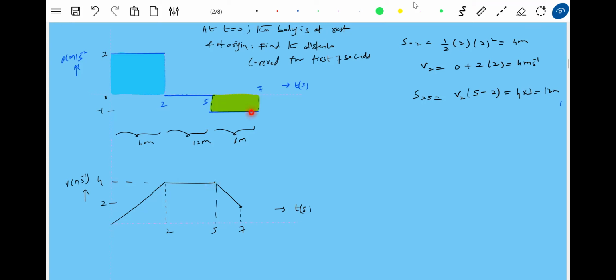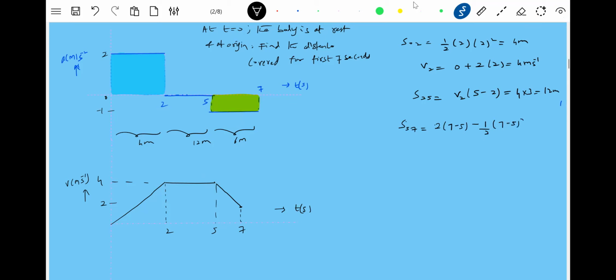Then it will encounter retardation. How much retardation? Minus 1. So the distance covered will be S57 is equal to 4 into time, which is 7 minus 5, minus half into retardation 1 into 7 minus 5 whole square.